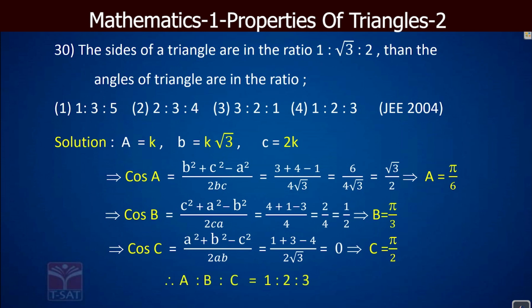Of course, cos C you need not verify, because you already got angles A is equal to π/6 and B is equal to π/3. I checked cos C only to see whether the hypothesis is correct or not, because once you have two angles A and B, you automatically get the third angle C. So the correct option is option number 4.